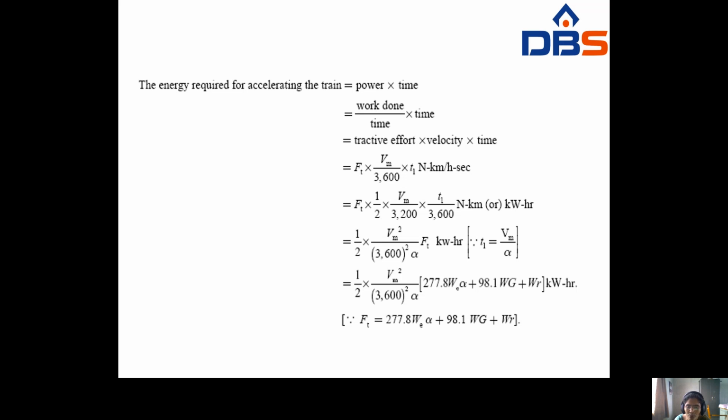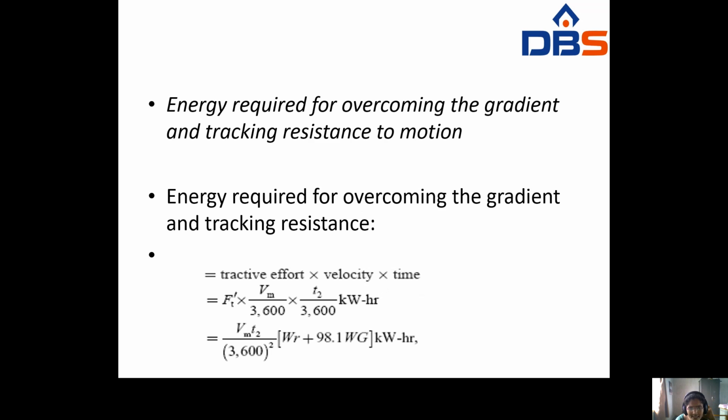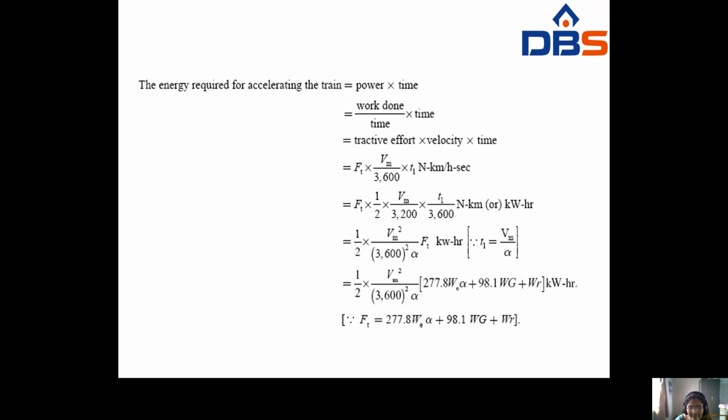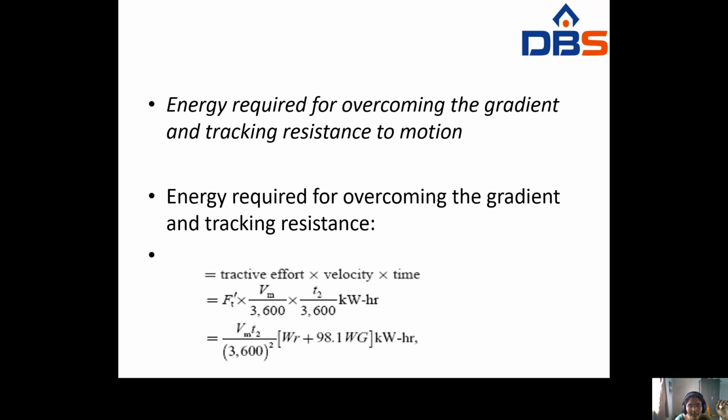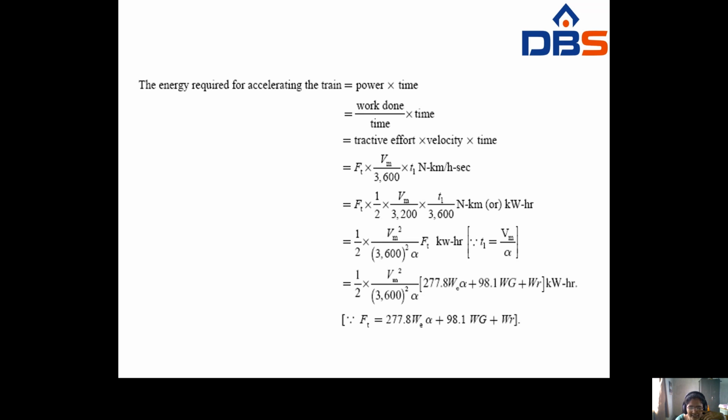Now you substitute this formula in the place of Ft, and the equation becomes like this. So this is the energy required for accelerating the train, that means the specific energy for acceleration.